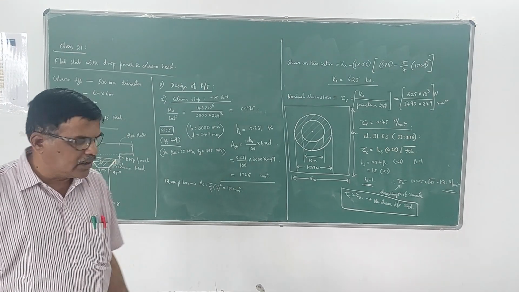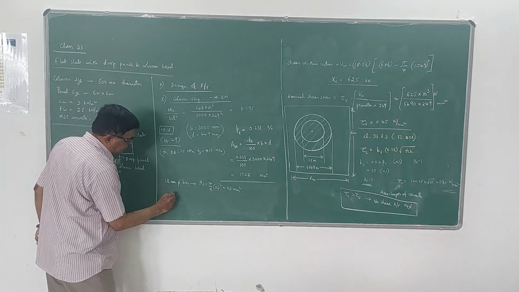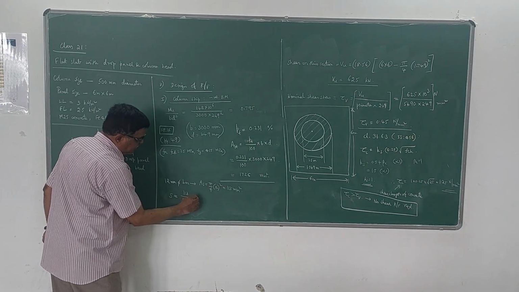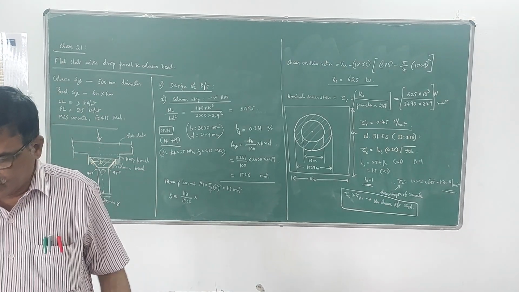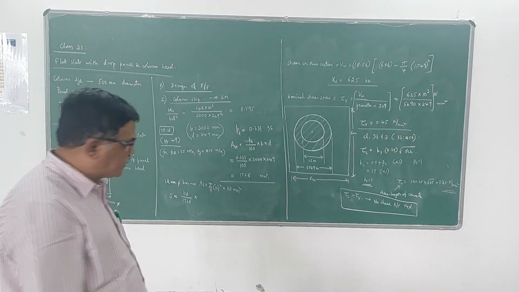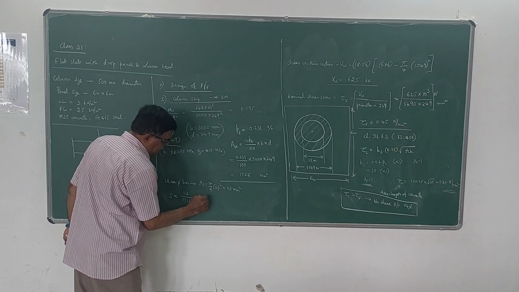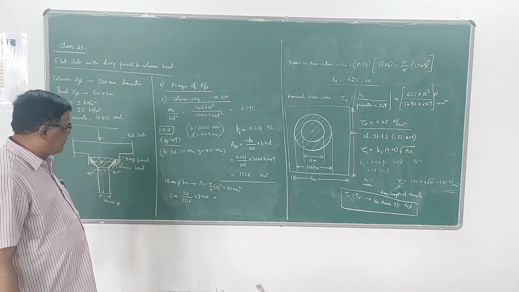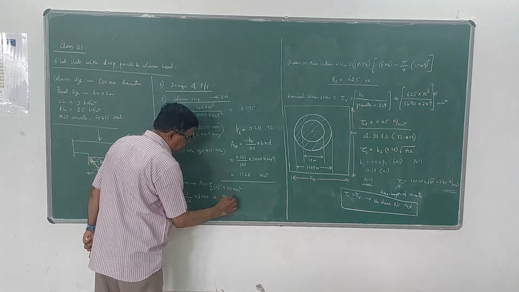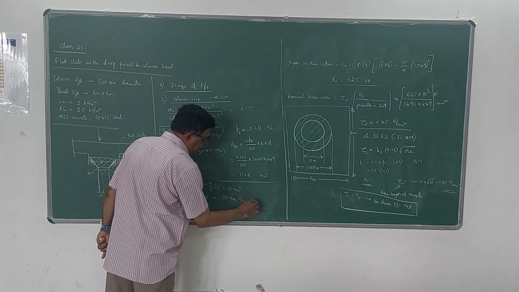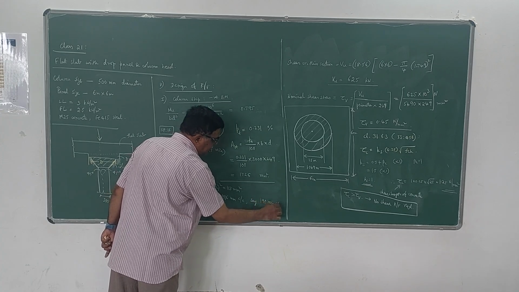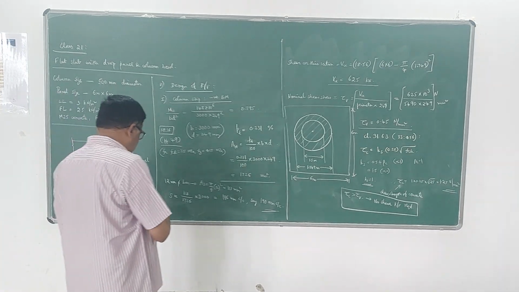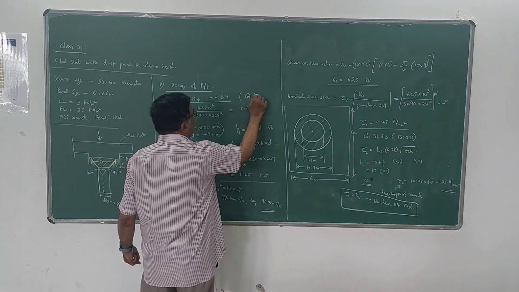So spacing is equal to area of one bar divided by total area, 726, into the width, 3000, since we are providing reinforcement for 3 meters width, that is the column strip. This comes to 196 mm center to center, say 190, slightly reduced. This is how the reinforcement is calculated. This is the negative reinforcement, and note that negative reinforcement is provided at top.